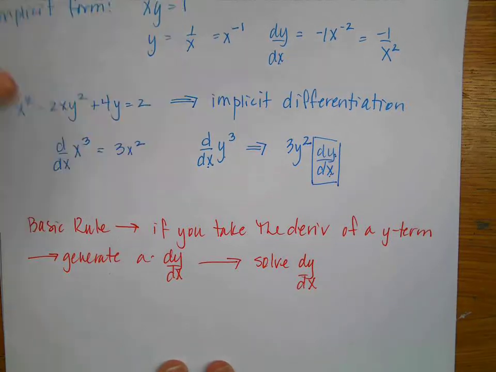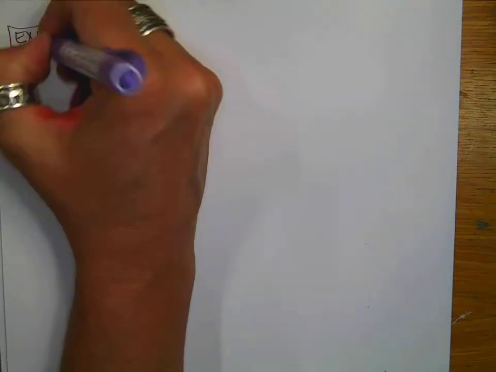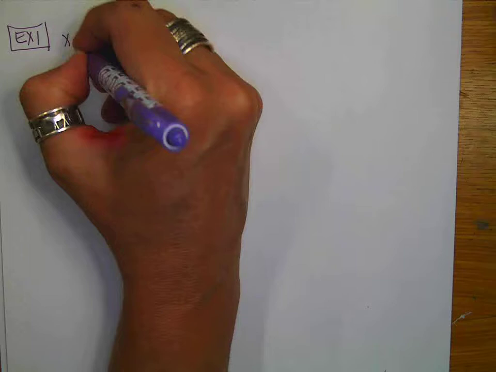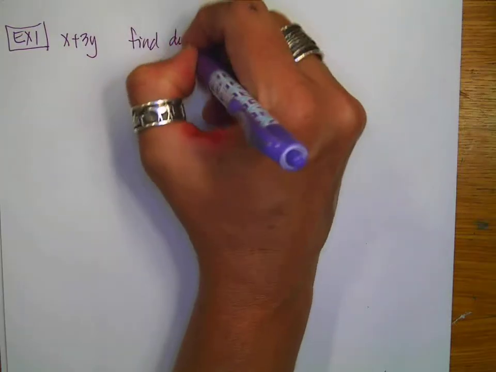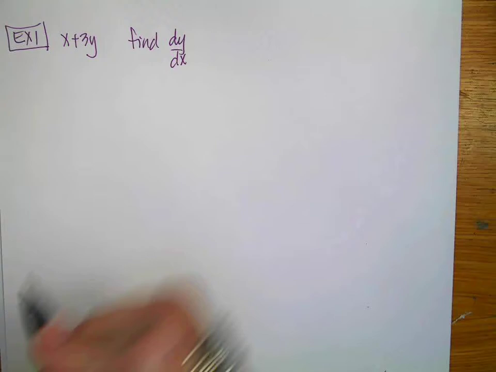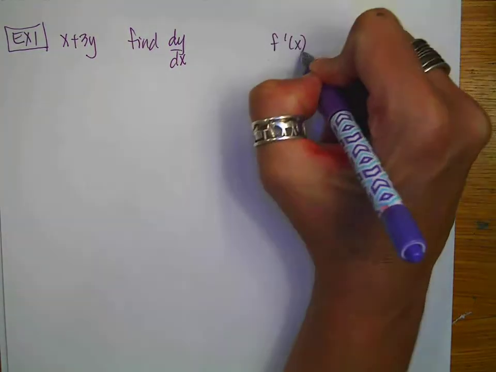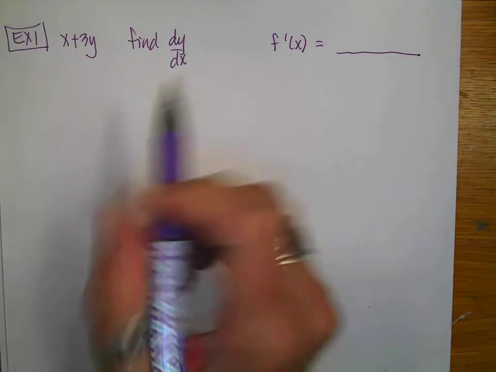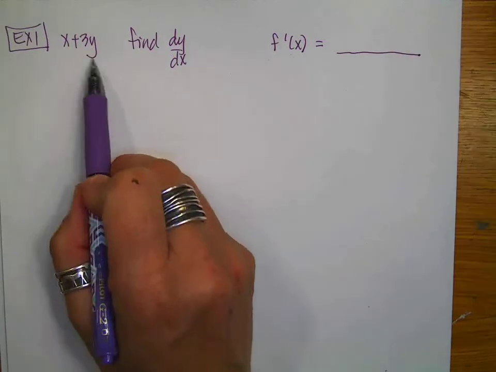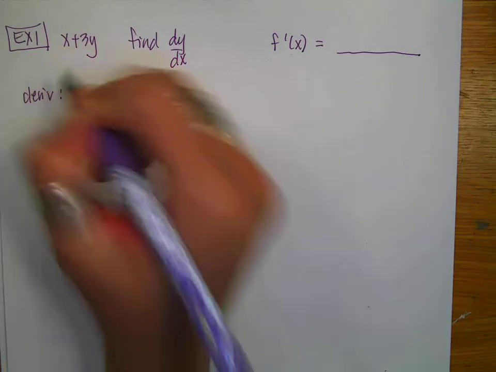Okay? And so now I'm just going to do a series of examples because I think that will help it to make more sense. So for example number 1, I have x plus 3y, and I want to find dy dx. And so in all of the other work that I've done, I would write down I'm taking the derivative, and then I would do my work. But because I'm doing implicit, because there's a y, what I write is derivative.